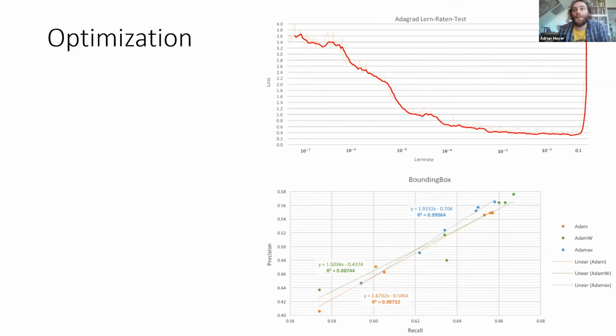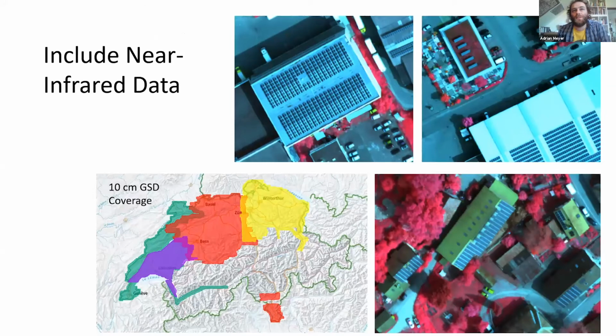And the next step that we're going to take now is to include the near-infrared data into this approach. There's new 10-centimeter data sets available over a large part of Switzerland already, at least the most inhabited spaces, the most populated spaces.